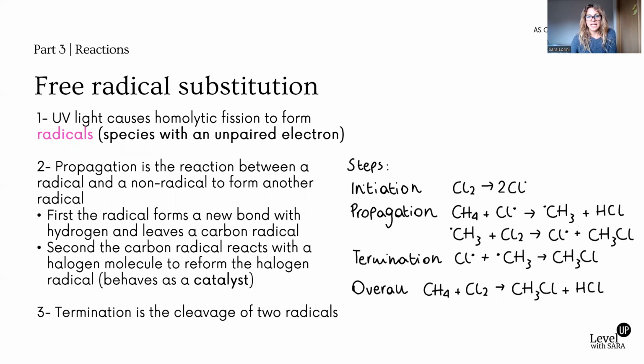In fact, this mechanism always starts with the initiation step, which is a chlorine molecule that splits in two chlorine radicals. In the propagation step, I'm reading here, that is the reaction between a radical and a non-radical to form another radical. So in propagation, of course, a radical keeps being formed.